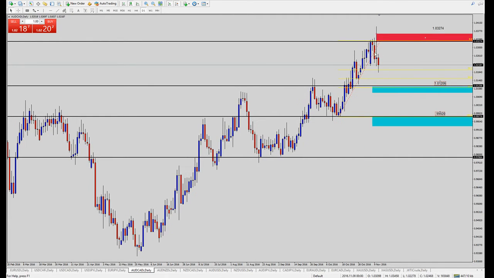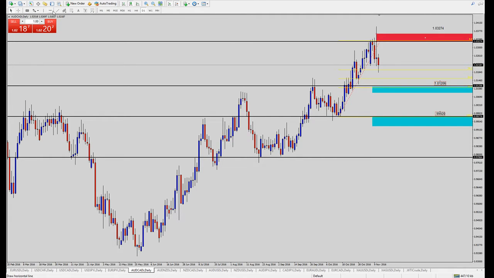Next up we have AUDCAD, which I put a Fibonacci retracement chart on, to look for a nice pullback at the 1.01206 zone.